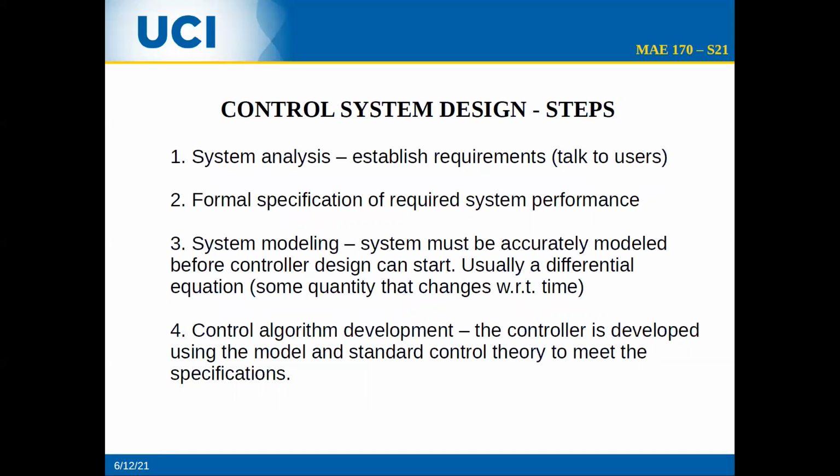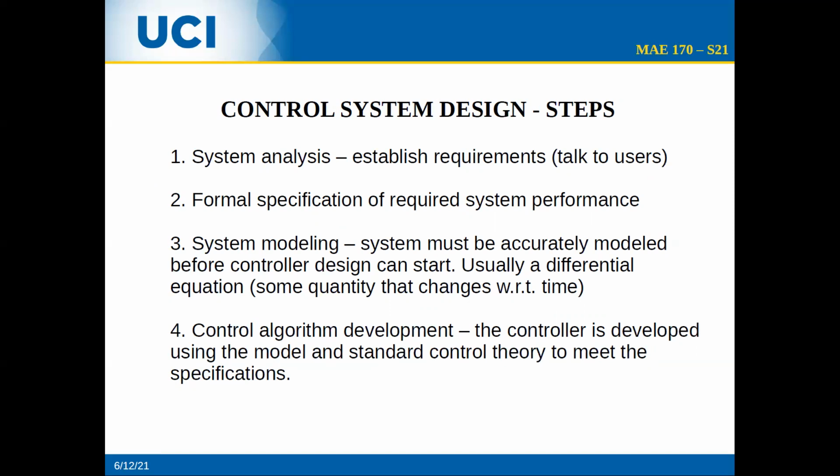And then once you know your system, you want to establish some requirements. So what do you want your system to perform? Then you transform these requirements from physical requirements. Let's say I want to grab the glass of water as fast as possible, let's say in less than 0.1 second.